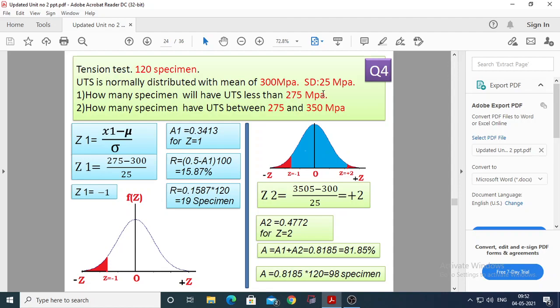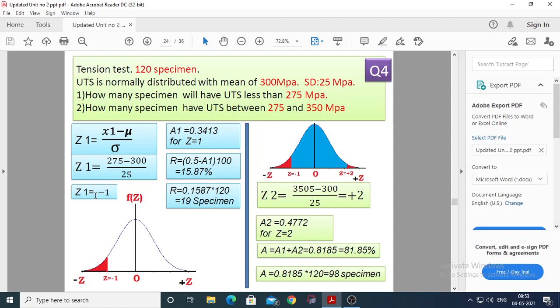Indirectly you have given the x1 value, 275 MPa, and mu is 300 MPa. So 275 minus 300 divided by the standard deviation 25. If you calculate this, you will get Z1 equal to minus 1.